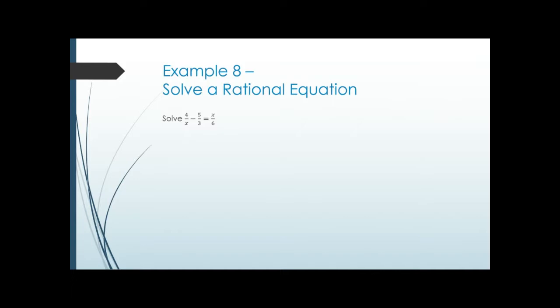My first fraction is 4 over x, and I want my denominator to have a 3, so I need to multiply the top and the bottom by 3. For the second fraction on the left side, I don't have an x, so I need to multiply the top and the bottom by x. I'm going to leave the one on the right alone.